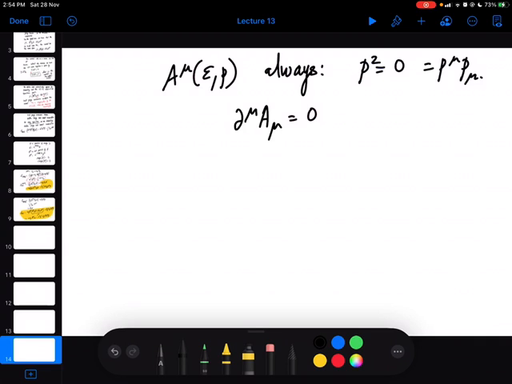If you write it in terms of momentum space solutions, this just becomes k_μ ε^μ is equal to 0.